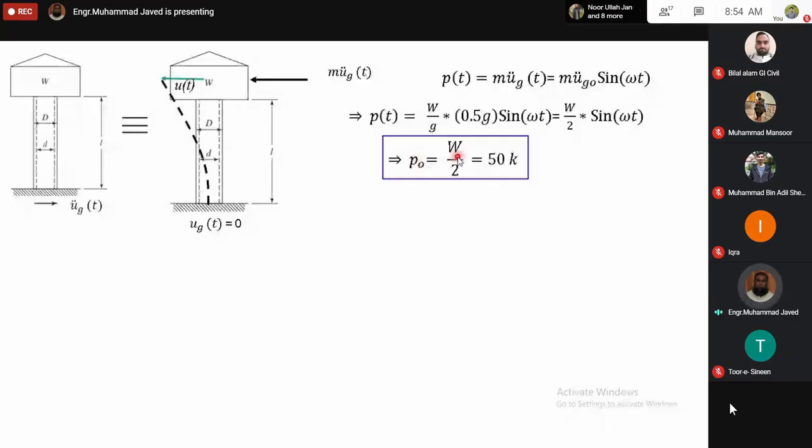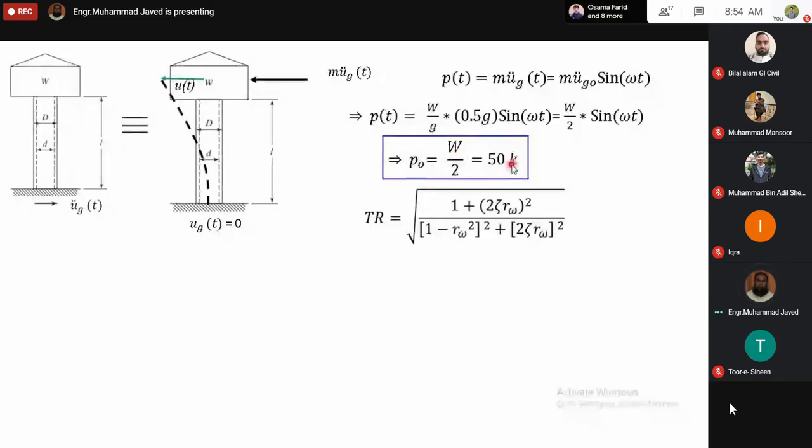Now, using the equation for transmissibility, it is given that the acceleration at the top end shall not exceed 1g. It means that transmissibility, which is the ratio of acceleration at the top end divided by acceleration at the bottom, comes out to be 2, so the transmissibility shall not exceed 2 in this case.